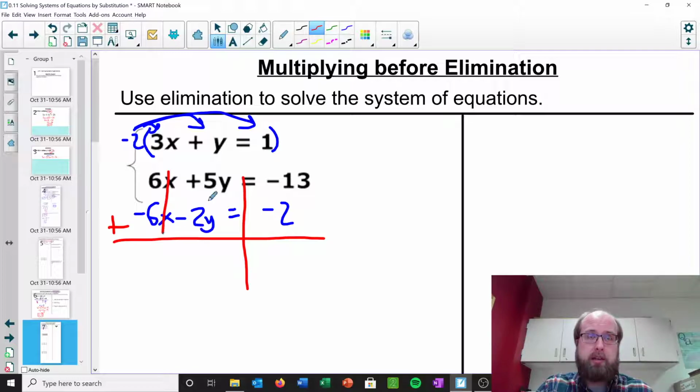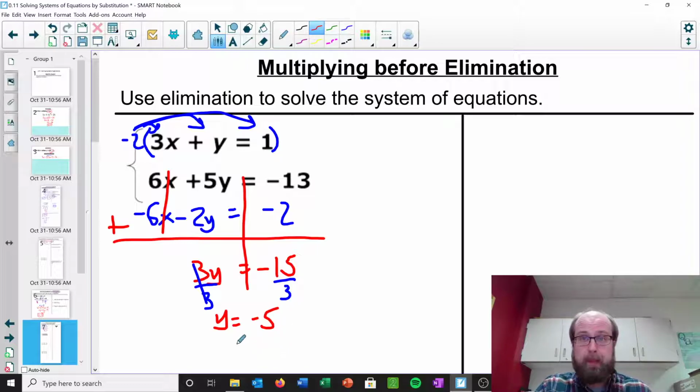The x's will cancel out. 5y plus negative 2y, that's 3y. Negative 13 plus negative 2, that's negative 15. From there, we just got to get the y alone. And so I'll divide both sides by 3. And we get y equals negative 5.